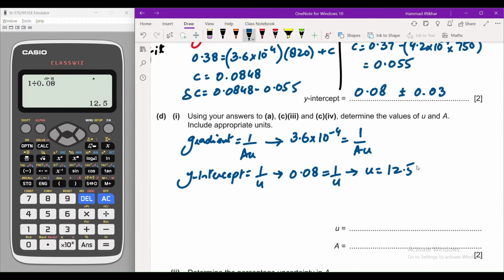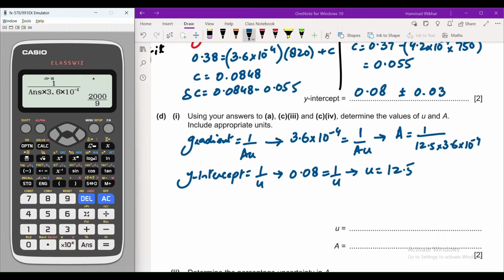Okay, and that means that A is going to be 1 over 12.5 times 3.6 times 10 raised to power minus 4. So 1 divided by answer times 3.6 times 10 raised to power minus 4.